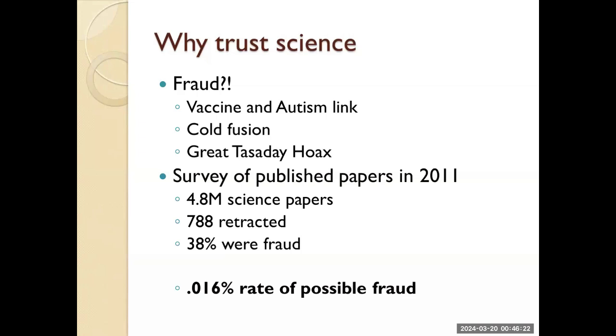That means out of the total close to 5 million papers from scientific studies in ecology or mosquito entomology or the American Society of Tropical Medicine and Hygiene or Nature or Cell, there was only a less than 2% possibility of fraud in this particular year. So it's not likely. And even if it did happen, we have mechanisms in place to verify that information beyond its initial publishing and correct that miscommunication moving forward.